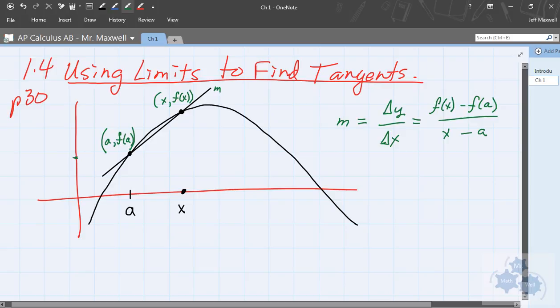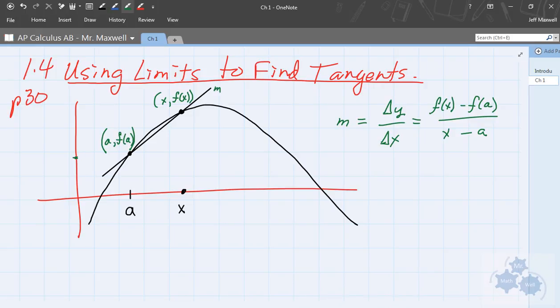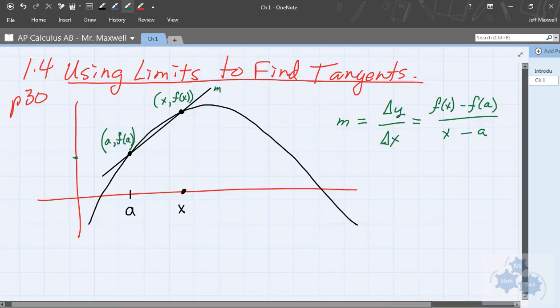Are we agreed there? Does that make sense? Okay, difference in y divided by difference in x. Now, what did we say about the slope of this tangent? We said that as these points get closer and closer together, the lines connecting the 2 points are going to start to approximate the slope of the tangent, right?